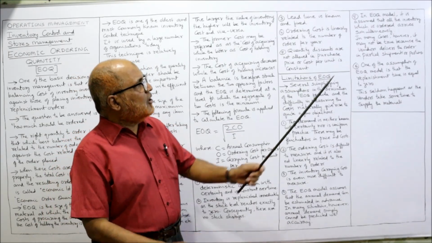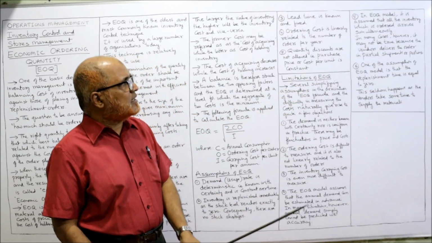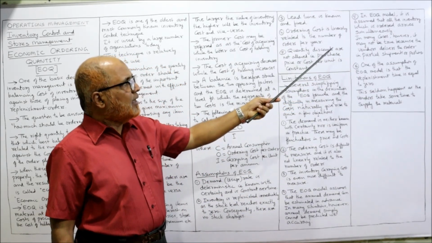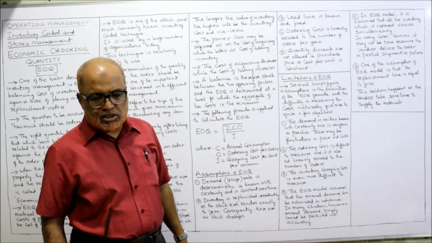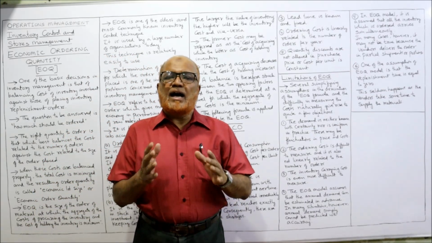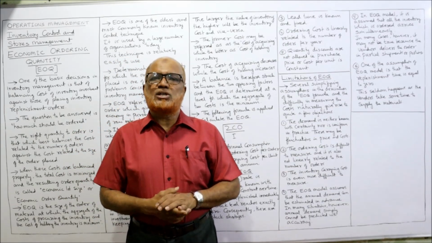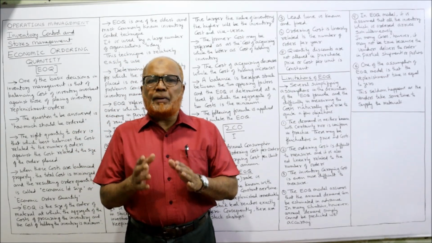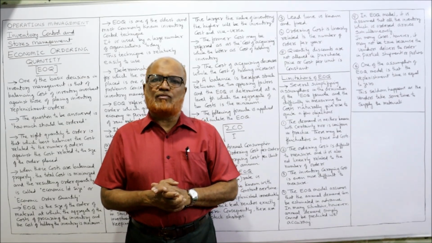Next one is, in the EOQ model, it is assumed that all the inventory which is ordered arrives simultaneously. In many cases, however, it may not be true, because the vendor delivers the order in partial shipments or in portions. See, one of the assumptions is whenever we give the purchase order to the supplier, the supplier will immediately supply the goods without any loss of time.